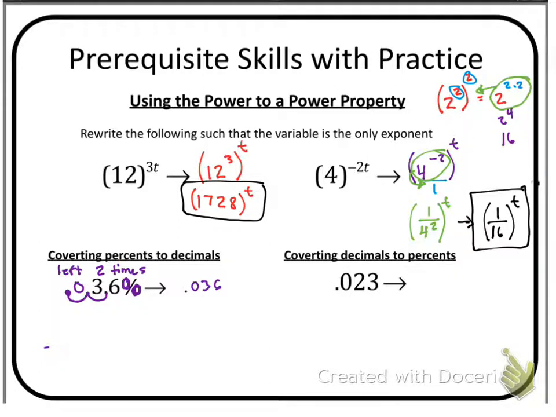For converting decimals to percents, you move to the right 2 times. So 1, 2. You get 2.3%. We're going to be doing that quite a bit for this lesson. It's going to ask for the rate and then percent rate, so make sure you get that down.